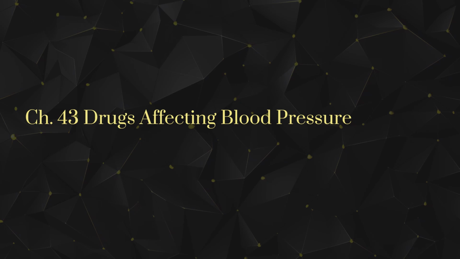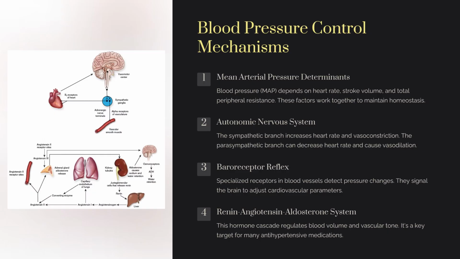So we're going to talk about medications affecting blood pressure. We discussed in patho how blood pressure is controlled. We have our mean arterial pressure, which is dependent on heart rate, stroke volume, and peripheral vascular resistance.